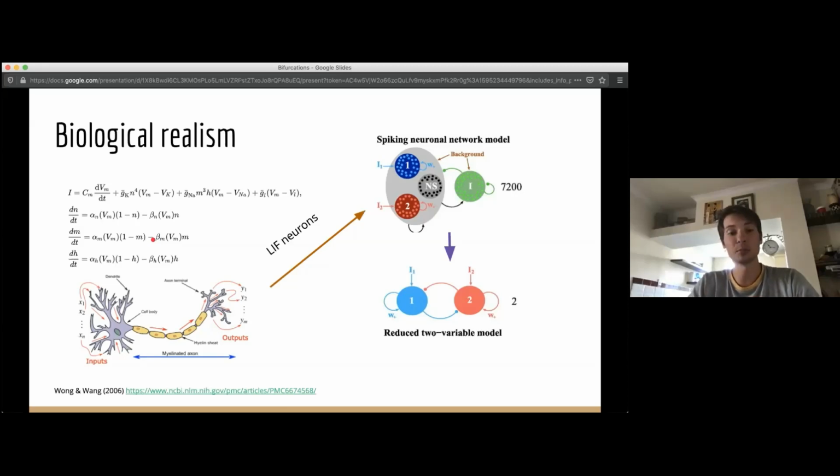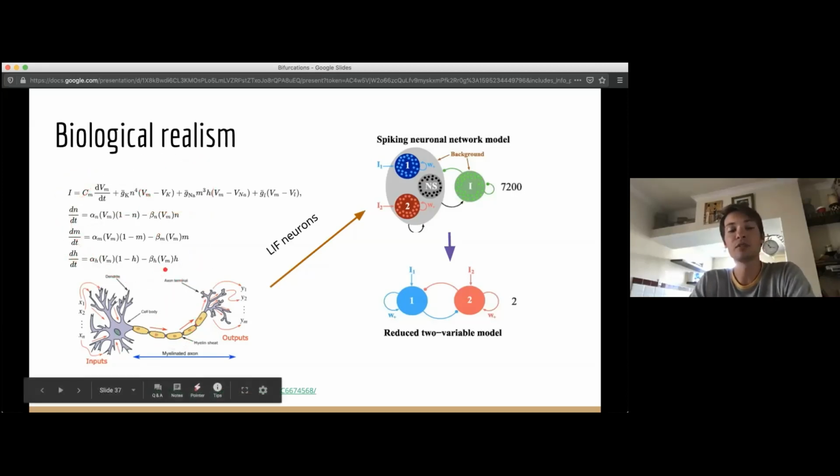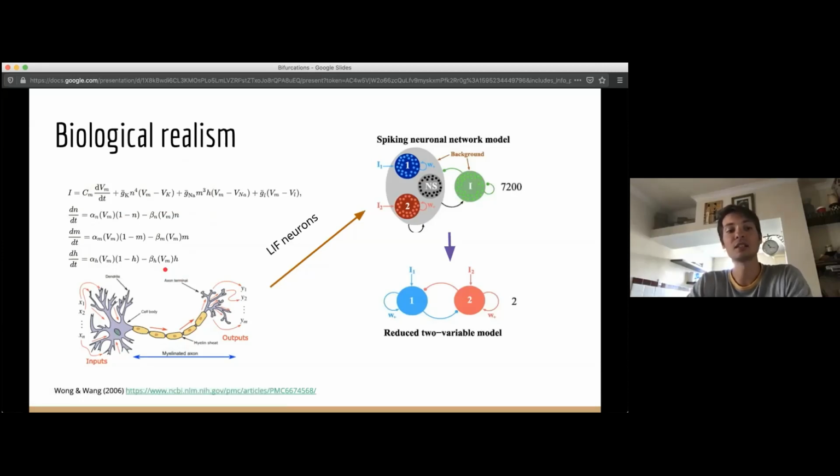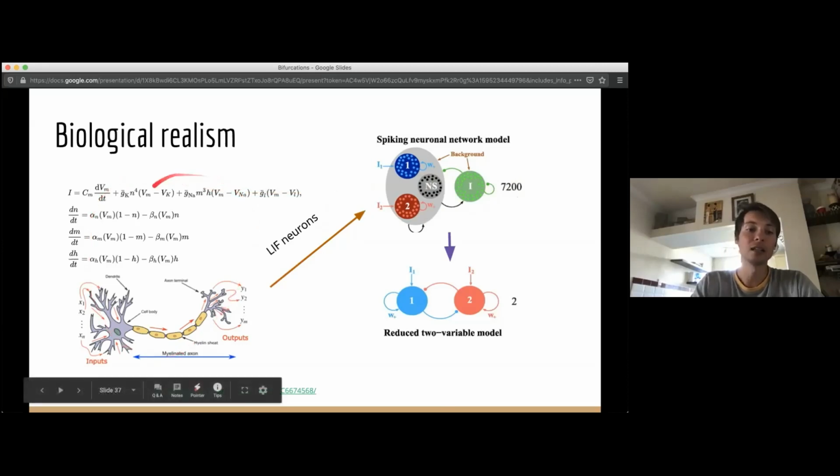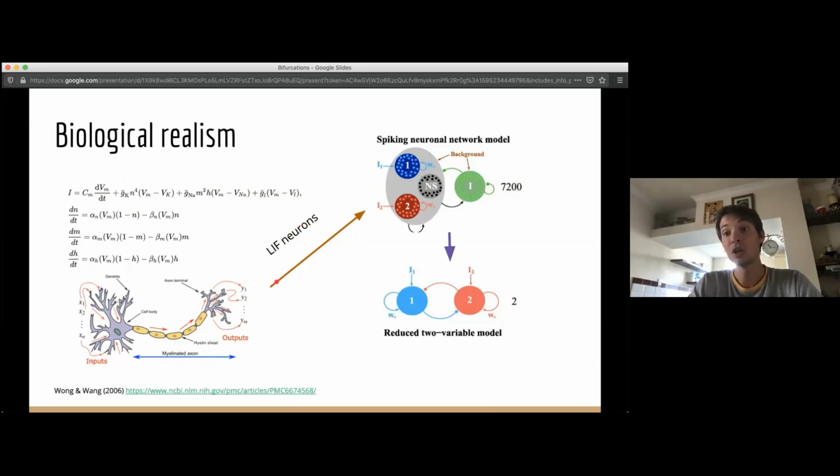We could start from this point, but you must know that this type of model, even with contemporary computational resources, is quite difficult to simulate on computers, especially for systems like this decision system that I mentioned before, where you usually require around 10,000, 7,000 neurons working together. So what people do instead is simplify this model, describing individual neurons by something that we call a leaky integrate and fire neuron. One of the examples of this you could see in the form of the quadratic neuron that I have shown you before.